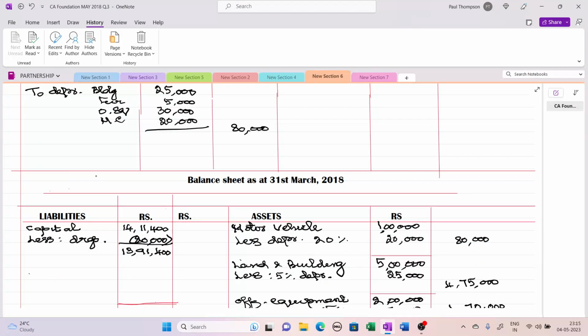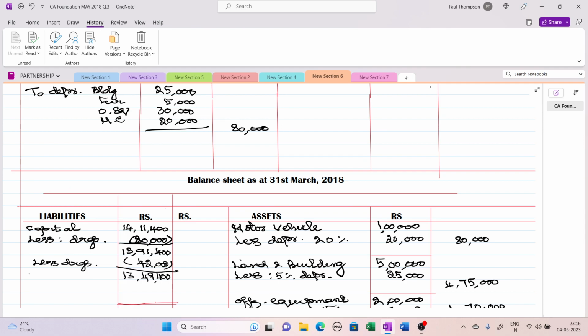Yes, here it is, less drawings 42,000. So what is coming after that, 13,49,400? So one adjustment is done here, and prepaid is an asset.